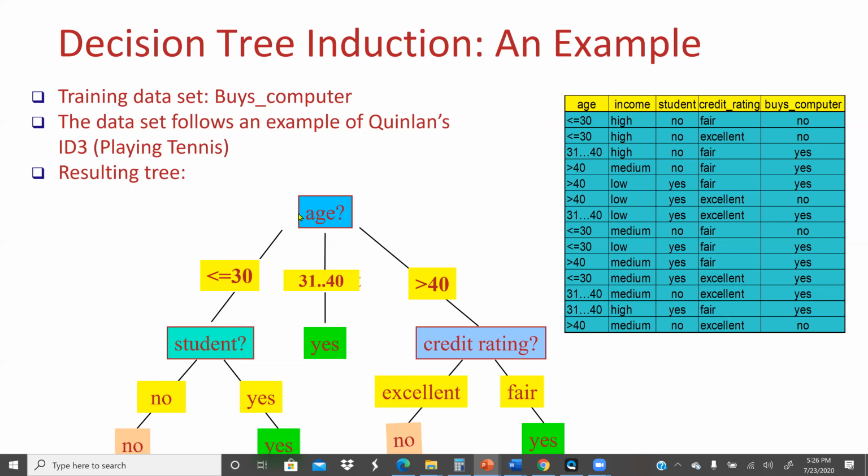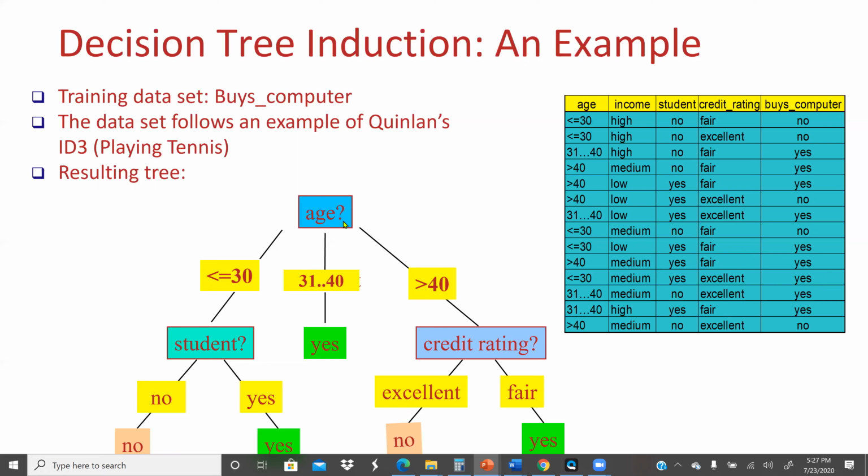Sometimes we can generate rules from a decision tree. My rule here will be: if age is less than or equal to 30 and student, then you buy the computer. These are if-then rules. Or if student is no, then you don't buy the computer.